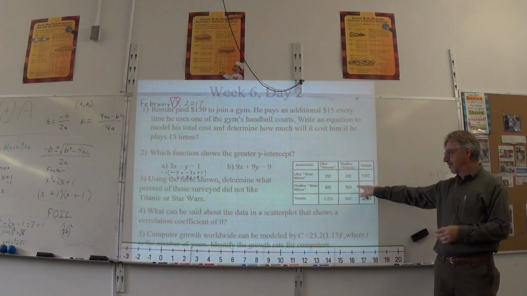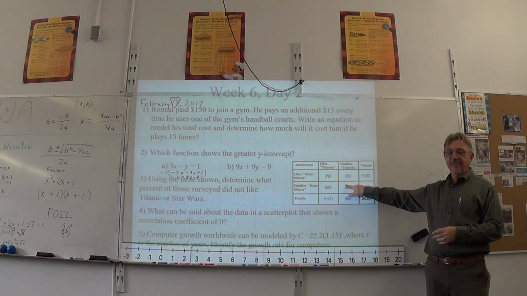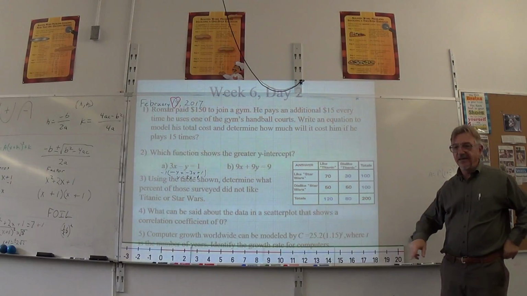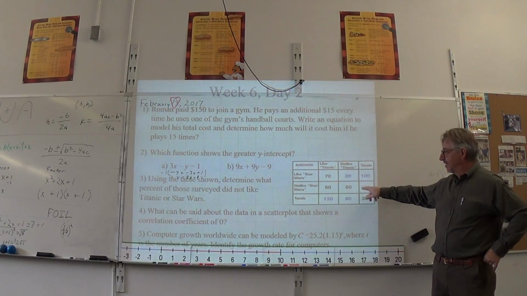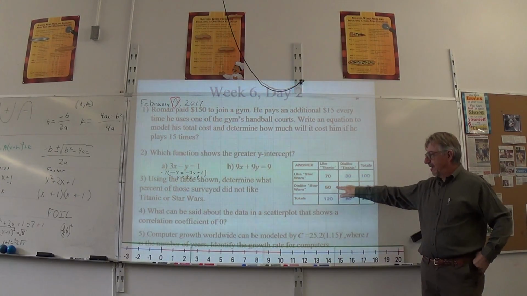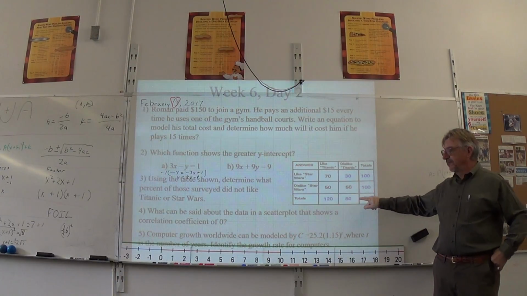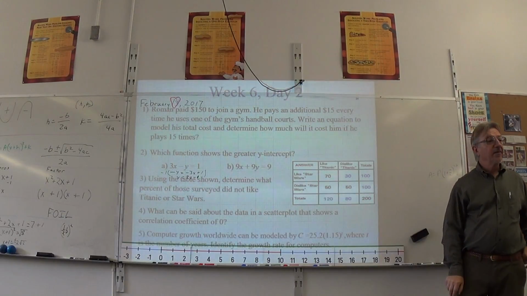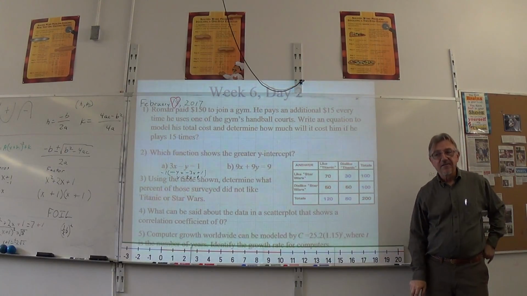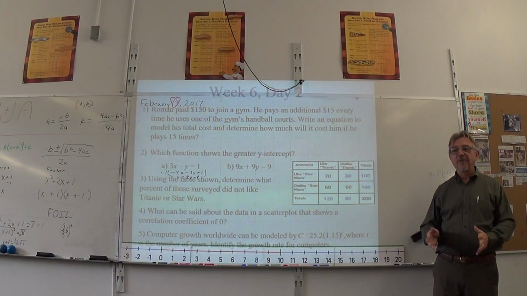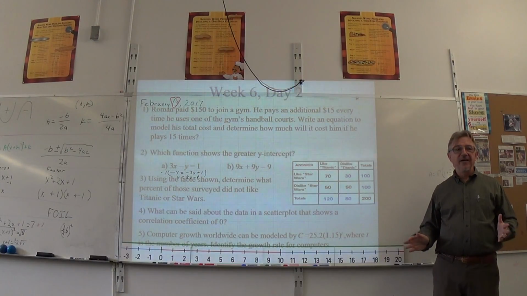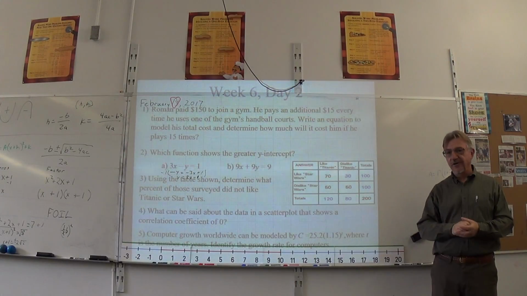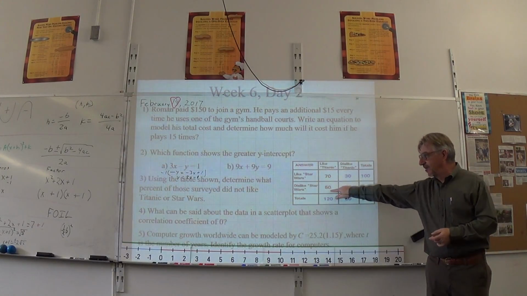But if you read it the way it's written, Titanic or Star Wars, you would have 80 divided by 200, or 40%. So either answer works, it depends on how you read it. But actually, the word or means it would be either one of these.